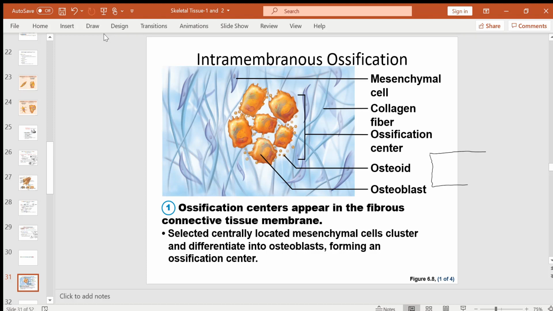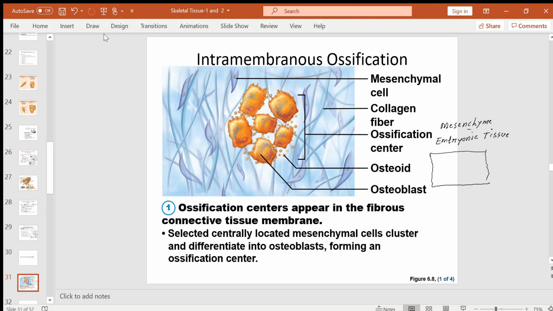So this is a membrane, and this membrane is formed by an embryonic tissue that is called the mesenchyme. So the embryonic tissue, mesenchyme, forms a membrane.